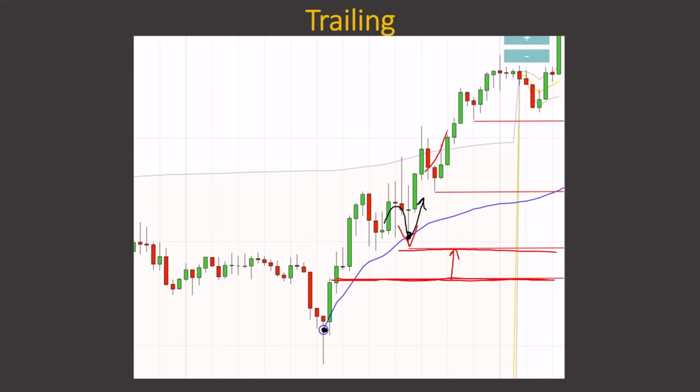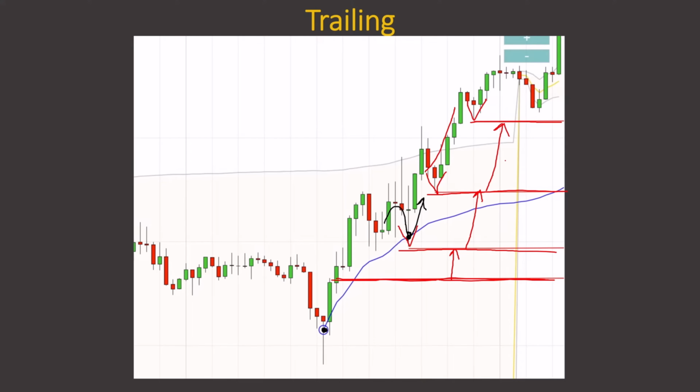Price goes higher and higher and higher. Again, you move the stop loss below the swing point in here. And you continue doing that, again, below the swing point, until the price reaches a strong barrier.